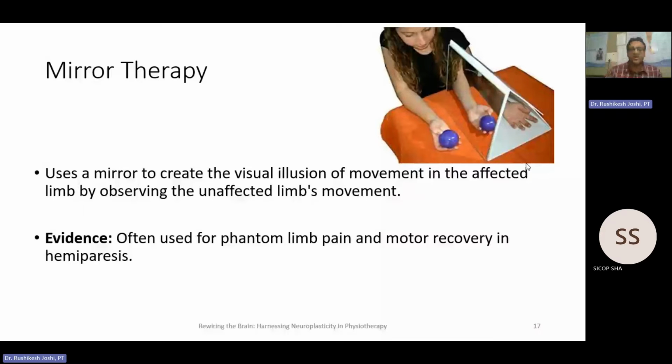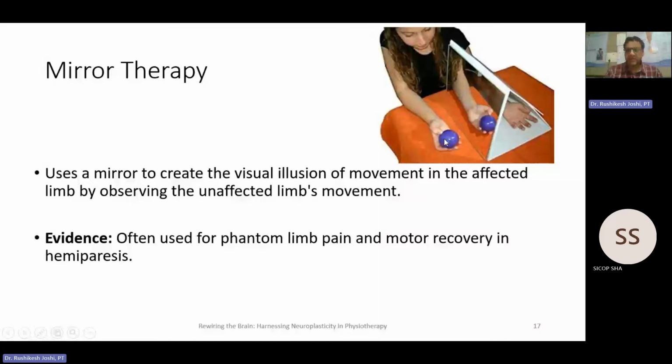Even mirror therapy is one of the treatment protocols which is practiced in neurorehabilitation. All right, I just kept a photograph for you to understand. If you can see, there is a mirror box in which the patient's affected limb is kept inside the box, but the patient's normal hand is outside the box.